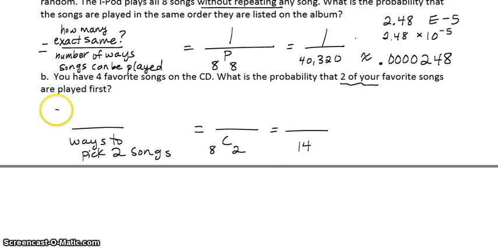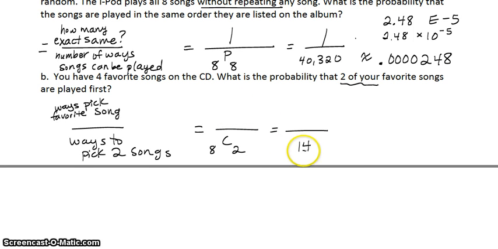We have to figure out how many ways I could pick my favorite songs. And here's one thing that's hard to wrap your head around. We have to assume that it happened. When you're doing probability, always assume you got what you wanted. So assume we know for sure 2 of your songs, for the top at least.